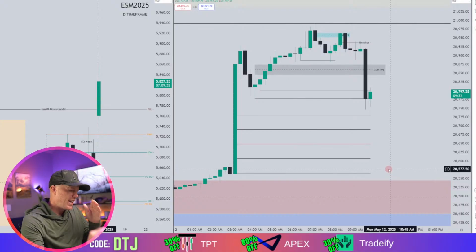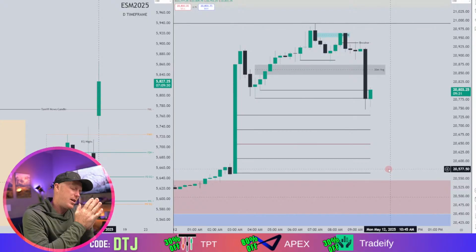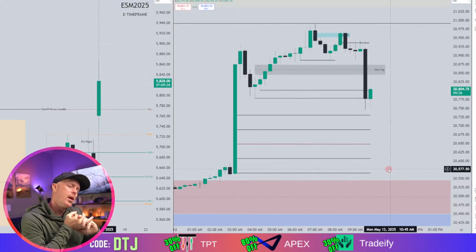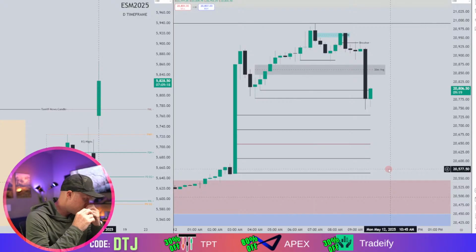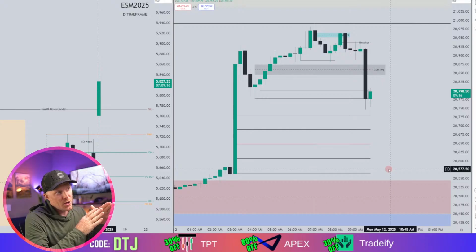Even though this is really hard to consider, we already went bullish before the news happened. The news happened and it just exasperated that. I really think it may want to move lower, and I'm not opposed to trying to take that lower move.